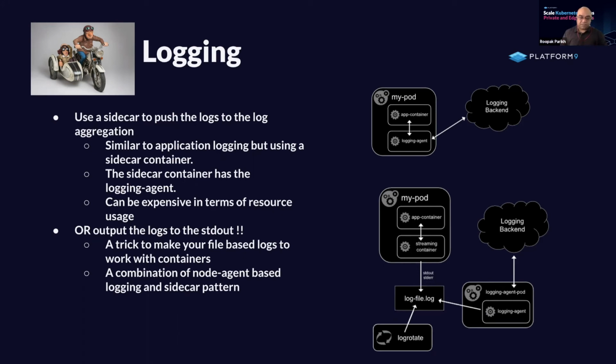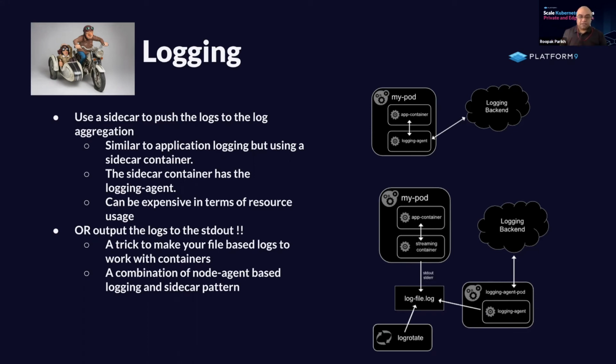This is a pretty interesting pattern that people use, where they run another sidecar, and all that does is tail the log of your application container. Let's say your application container is writing to /var/log, to a platform9.log file, and this sidecar container will run tail -f on that file.